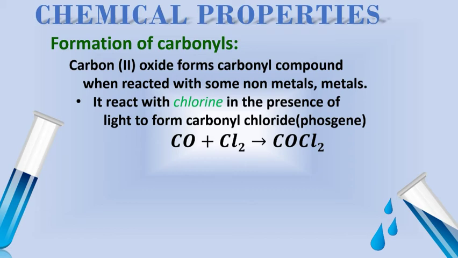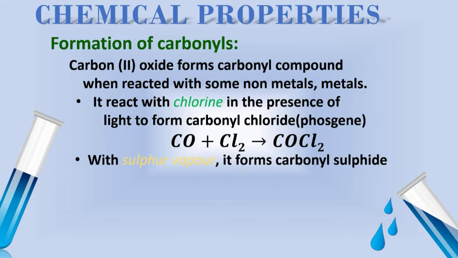It can also react with sulfur vapor, a non-metal, to form carbonyl sulfide. And the chemical equation for that reaction is CO plus sulfur, which will be a gas in this case, to produce carbonyl sulfide.